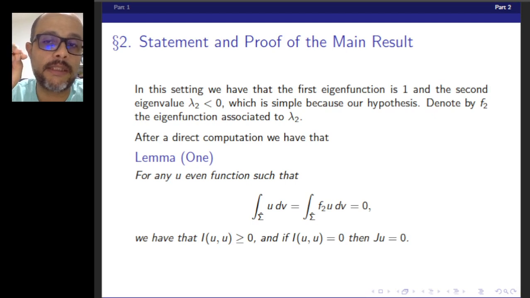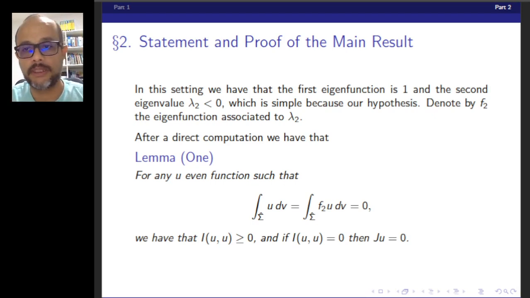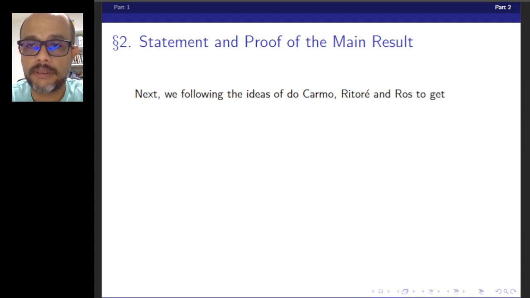And the equality occurs if and only if u is in the kernel of the Jacobi operator. Okay, it is a direct computation using just linear algebra. It's nothing more than that.